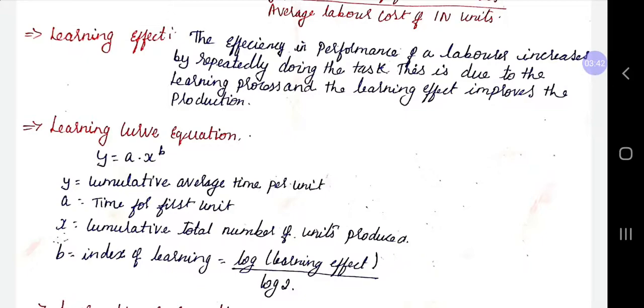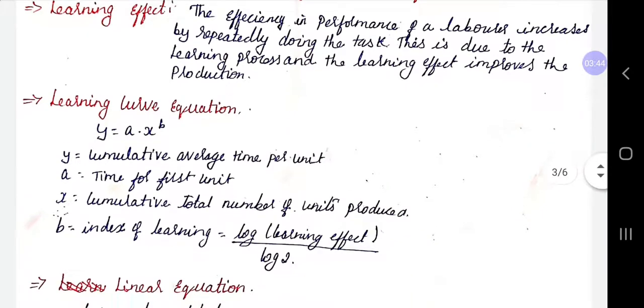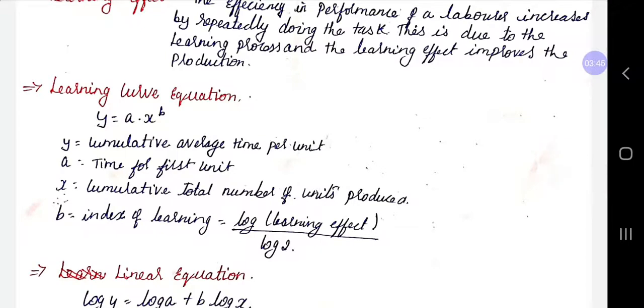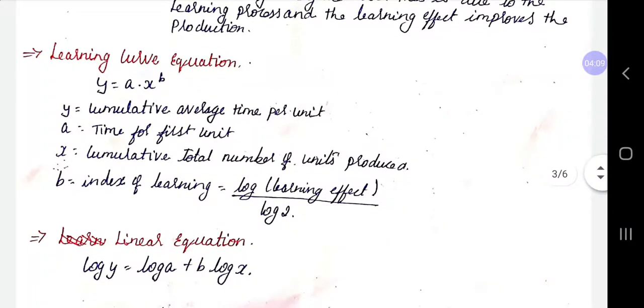Now, learning curve equation. This equation is very important and easy. Y is equal to a into x to the power of b. Here y, x, a, b are there. Y is the cumulative average time. A is the time for the first unit. X is the cumulative total number of units produced.